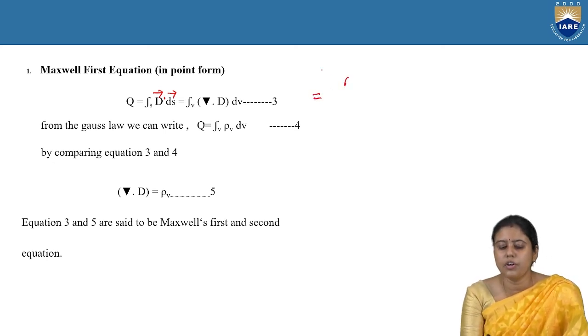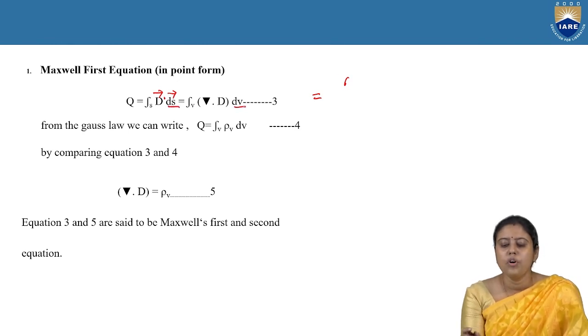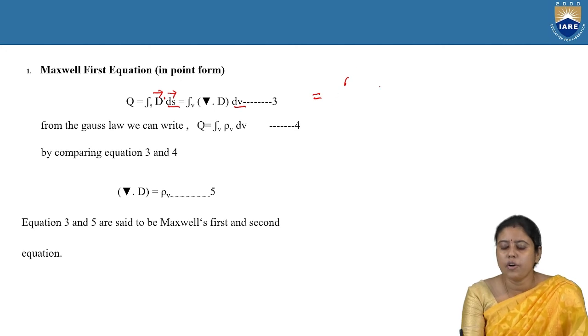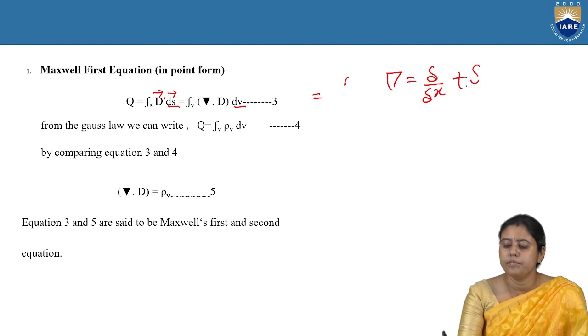According to the Stokes theorem, if we want to change the surface to volume, what is the formula? The formula is D can be changed into the grad of D. Grad means del by del x plus del by del y plus del by del z.